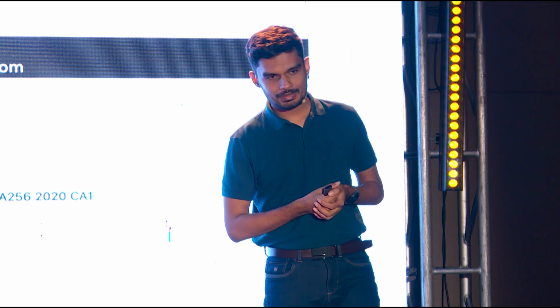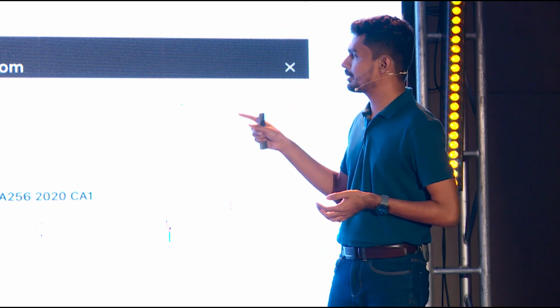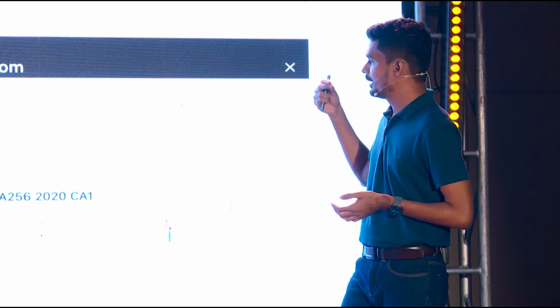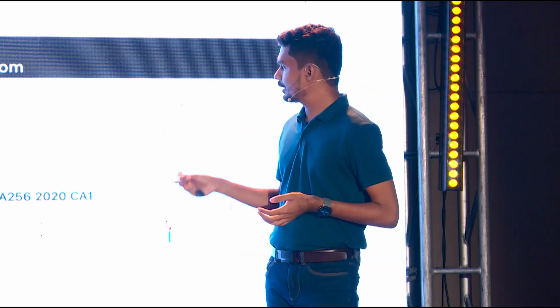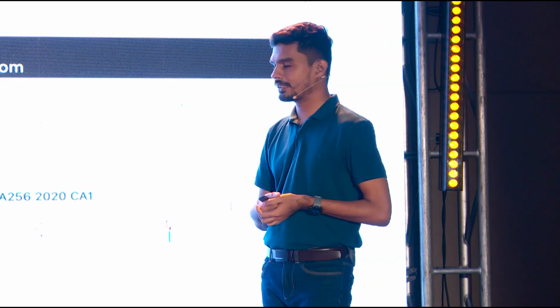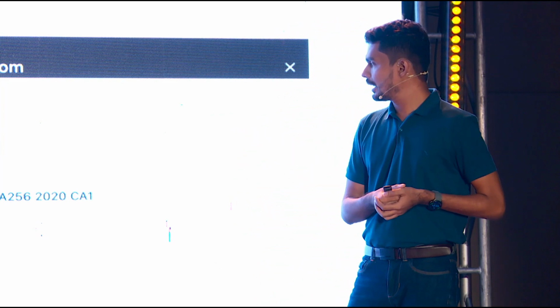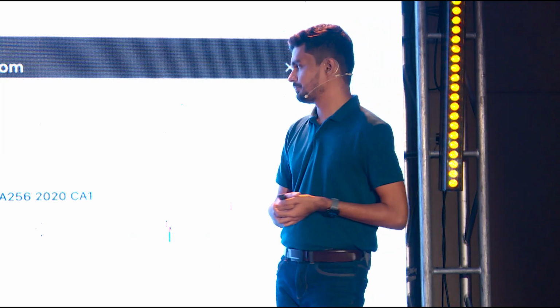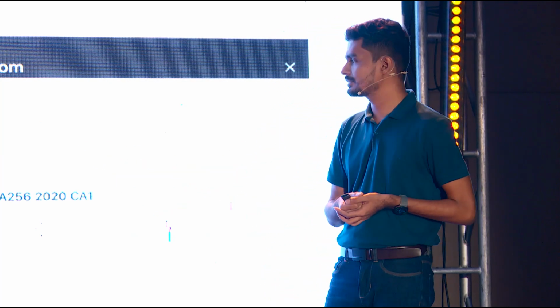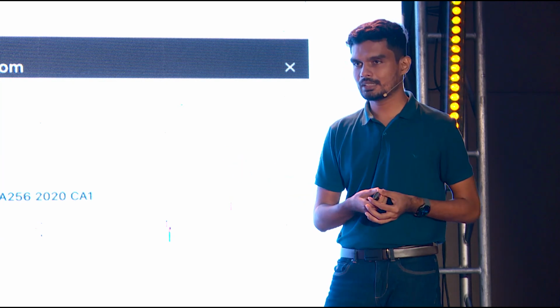WSO2.com website certificate is signed by the intermediate CA, and then in turn that intermediate CA is signed by the root CA. So as long as the browser trusts the DigiCert root CA certificate, it's going to trust the WSO2.com certificate as well. So I have mentioned a few well-known certificate authorities like Let's Encrypt and DigiCert.